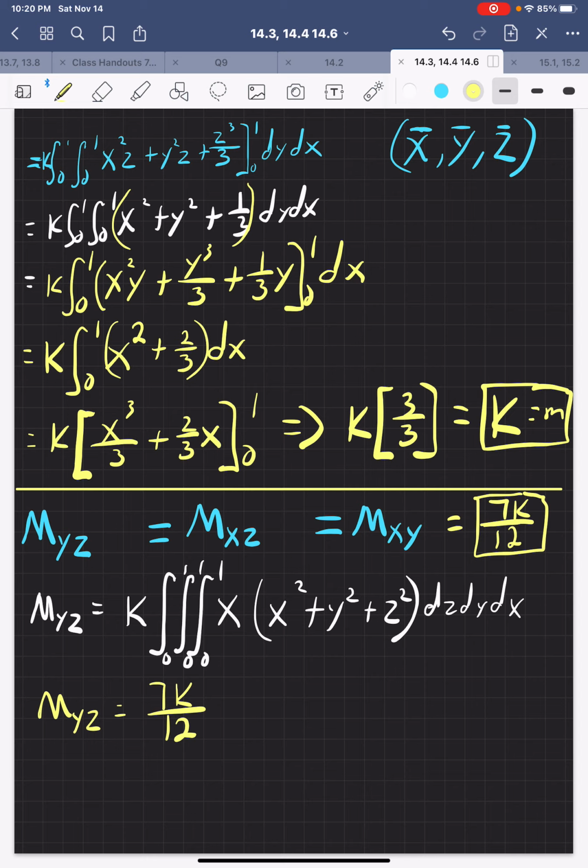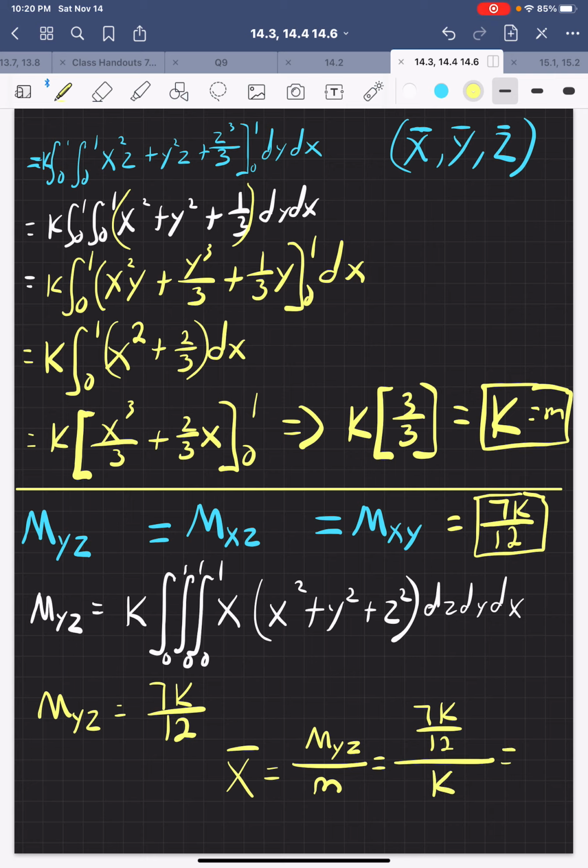Now, the only thing left to do is, again, find x bar, y bar, and z bar. So I'll just do x bar for you. That would be the first moment about the YZ plane, 7k over 12, divided by the mass, which we saw was just k.